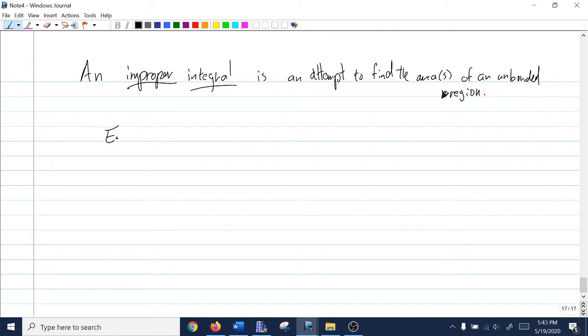For example, let's talk about the integral from 0 to 3 of 1 over the square root of x.